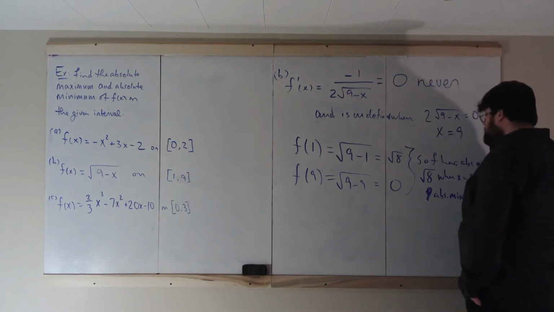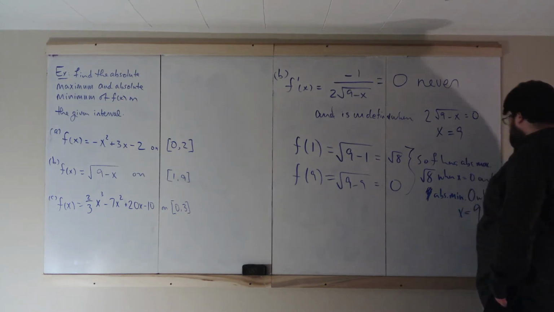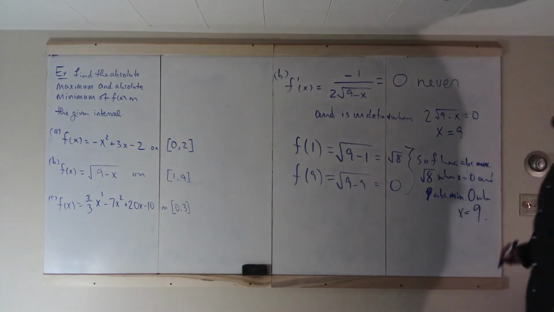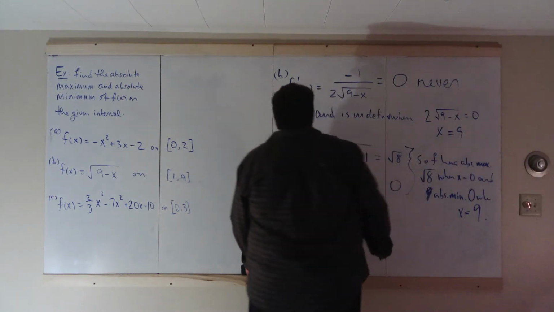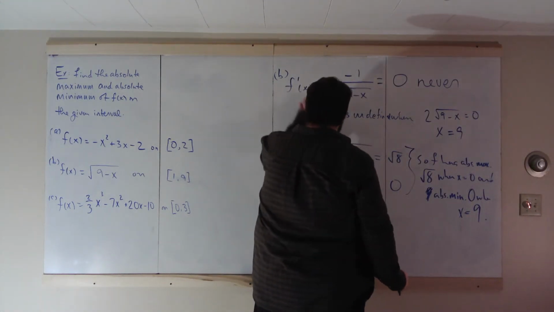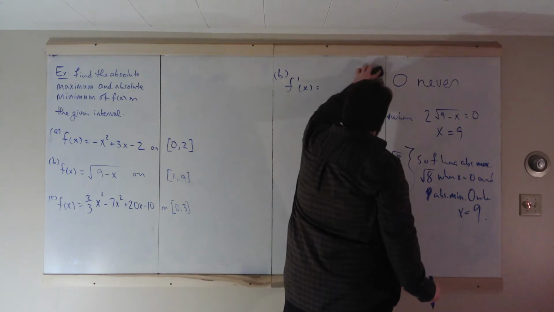Sometimes. Absolute minimum of 0 when x equals 9. So with all of these, we're concluding information about the absolute maximum and the absolute minimum. Don't forget to conclude that information.